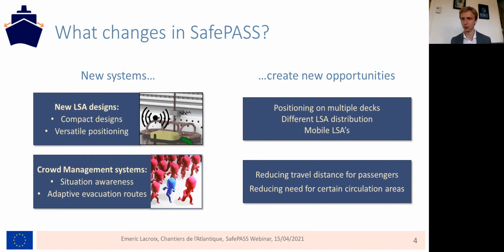So that's very interesting. We don't have the need anymore for certain circulation areas, and we can focus on what's important. And you'll be able to see in the next slide a first example of what we can do when we take into account these systems.